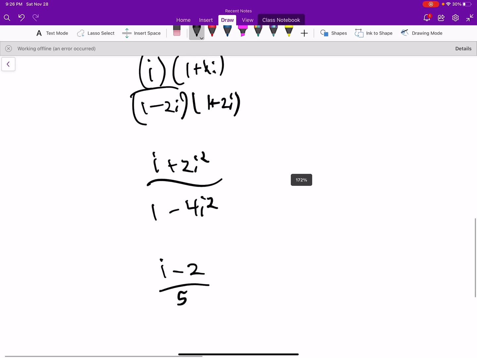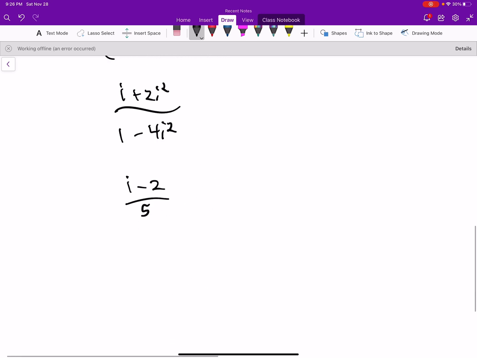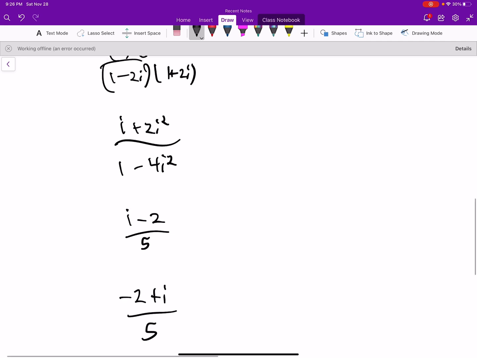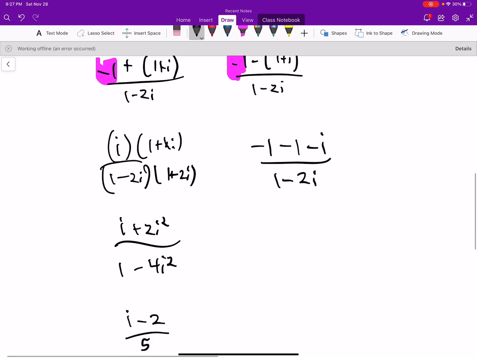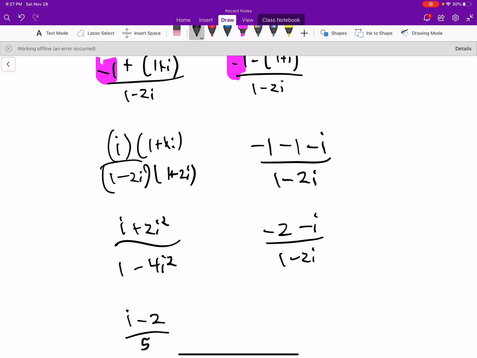All right. And then I suppose negative 2 plus i over 5 would be a better answer. And then here we get negative 1 minus 1 minus i all over 1 minus 2i. And this is going to be negative 2 minus i all over 1 minus 2i.